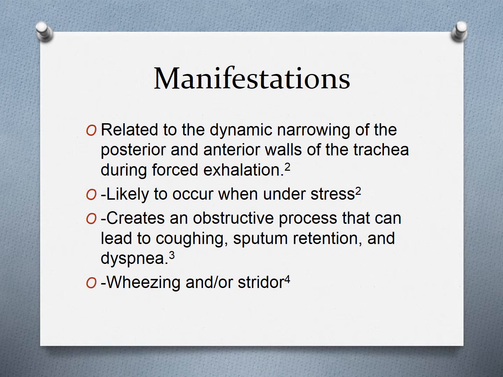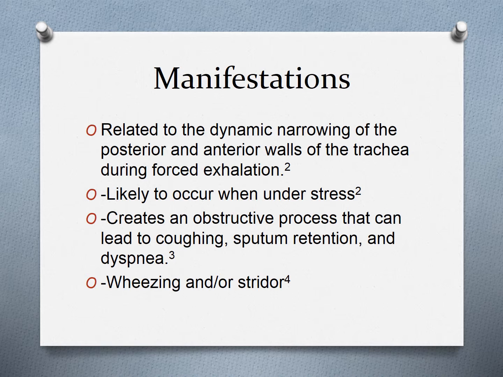Manifestations. Manifestations of tracheomalacia are related to the dynamic narrowing of the posterior anterior walls during forced exhalation. This narrowing is more likely to occur in patients under stress, such as a patient under the influence of anesthesia. This dynamic creates an obstructive process that can lead to coughing, sputum retention, and dyspnea.